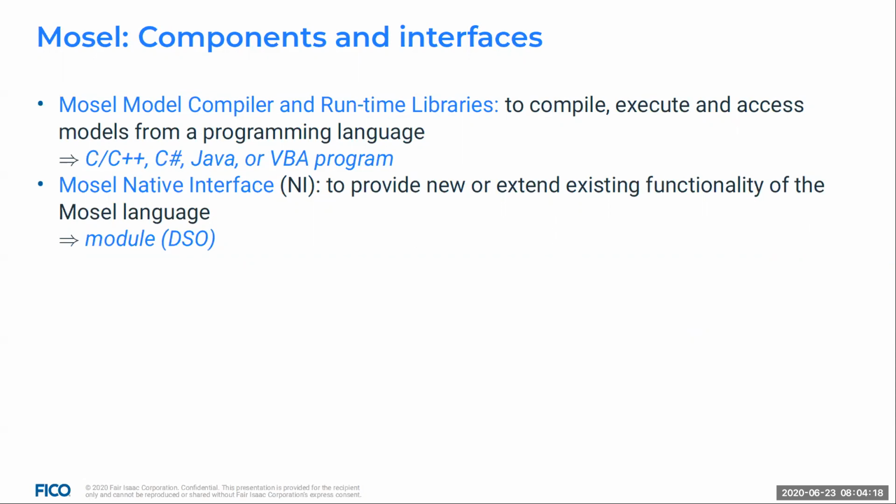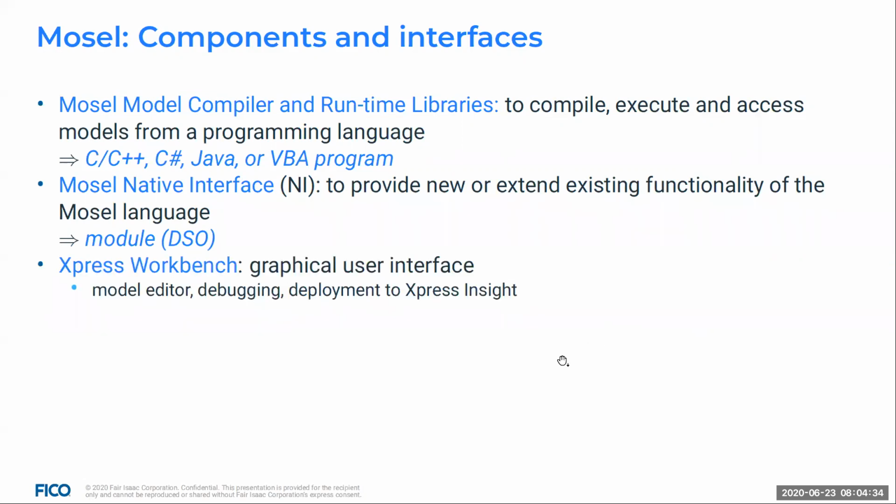The model itself can be embedded into applications via the compiler and runtime libraries, so for C or Java programs. You have the native interface. This is what serves to provide extensions to the language. And for working with Xpress Mosel models, we provide Workbench, which is a development environment.